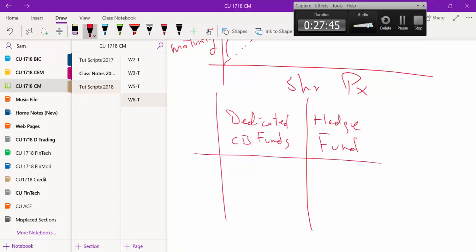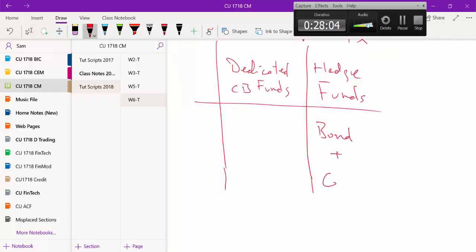Now, I already told you that if you buy a CB, what risks are you actually running? Well, I'll tell you what risks you're running. So I told you it's a bond, plus a call option.